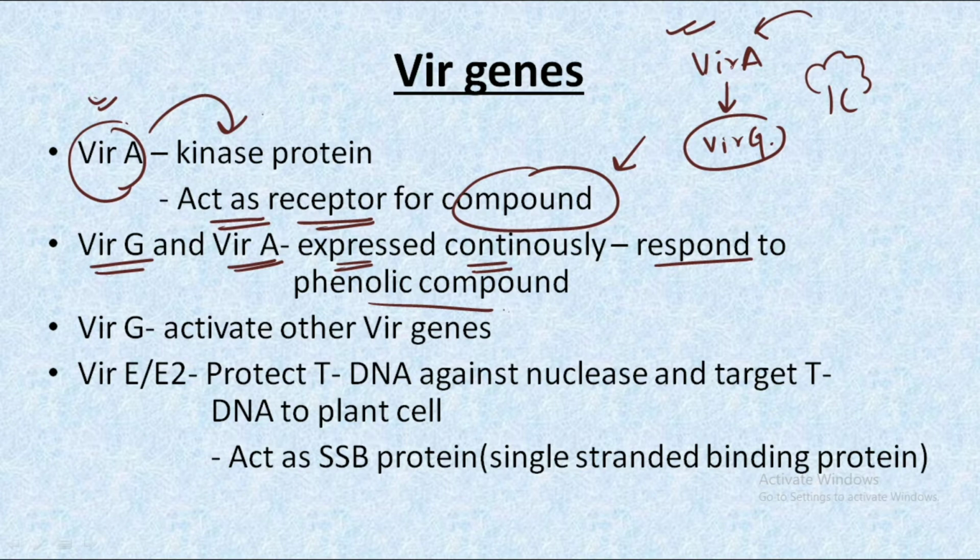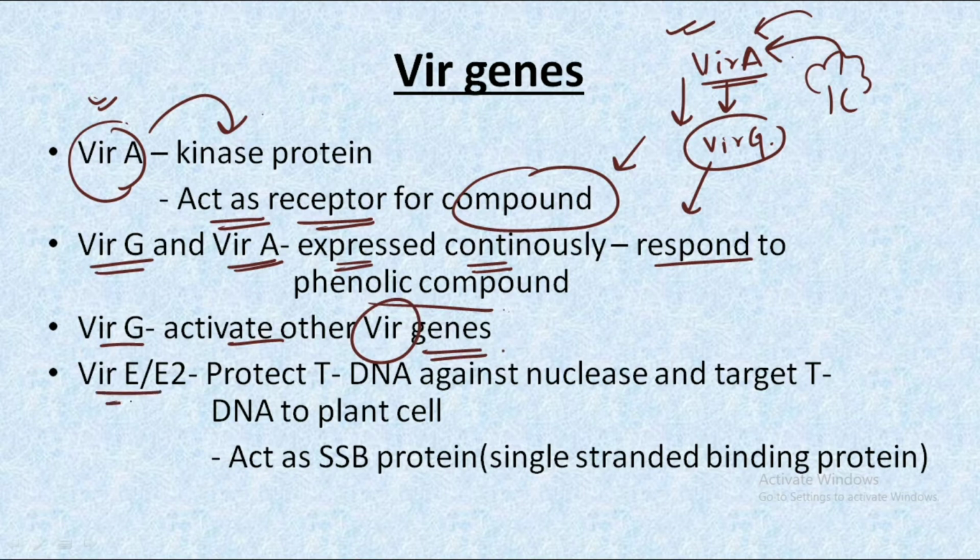So when the VIRA gets activated by the phenolic compounds, it activates the VIRG, and the VIRG then activates all the other VIR genes.